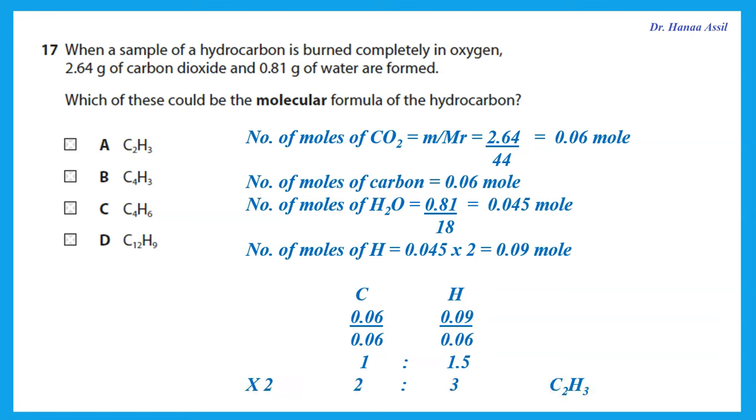We multiply them to get whole numbers. So this is the empirical formula. C2H3 is the empirical formula, and you should remember that molecular formulas are multiples of these. So the one that could be a molecular formula is the multiple of this, or times 2, that would be C4H6.